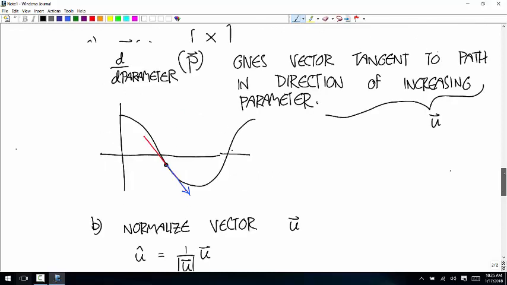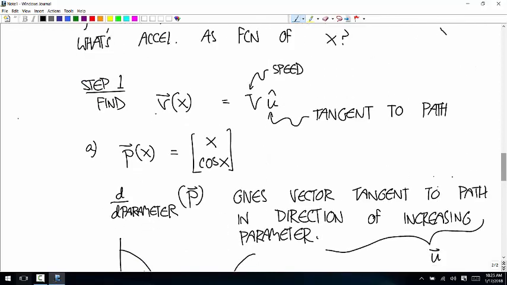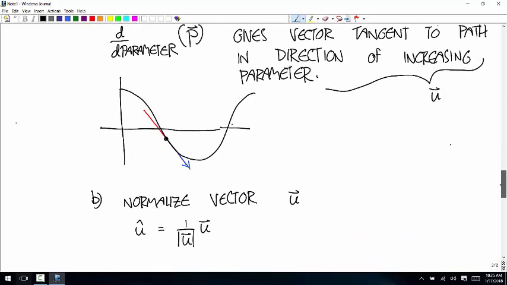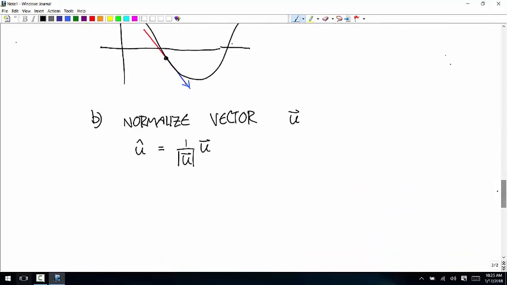And then step 2, well, then you multiply by the speed. So step 1c, your velocity vector as a function of x is the speed times the unit vector you just calculated.